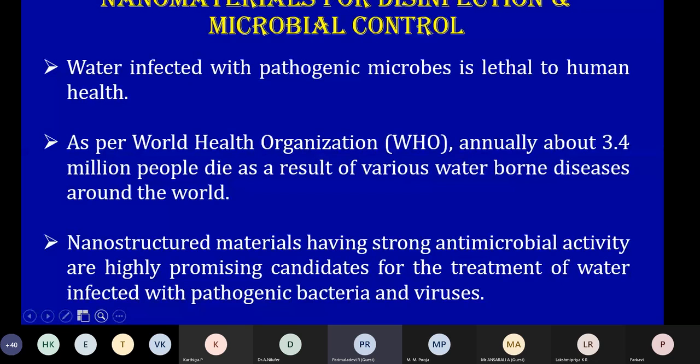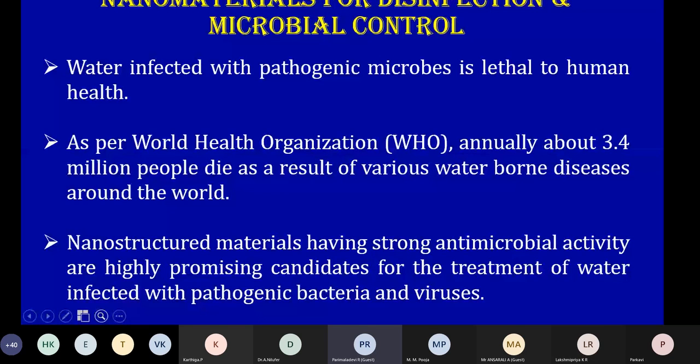First, in water, we have organic pollutants and also some bacteria. First we want to detect or degrade that pollutant, because water infected with pathogenic microbes is lethal to human health. As per the World Health Organization, annually about 3.4 million people die as a result of various waterborne diseases around the world.